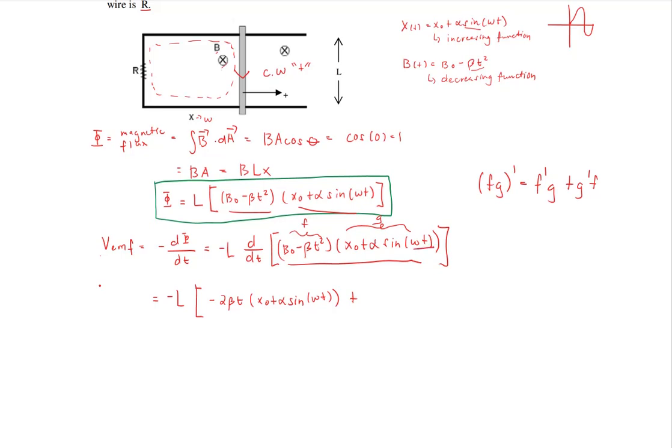We have to perform the chain rule: from inside, that's omega, and the derivative of the outside is alpha cosine omega t, times f, B naught minus beta t squared. So that is our VEMF.